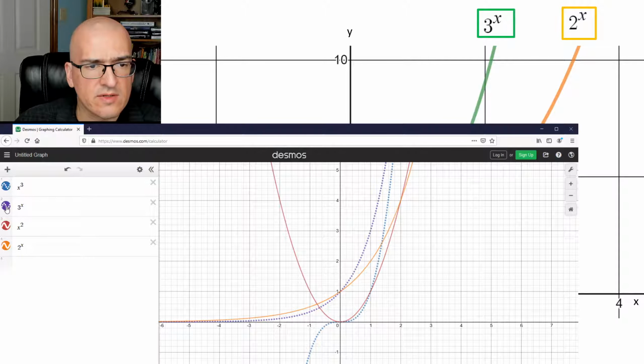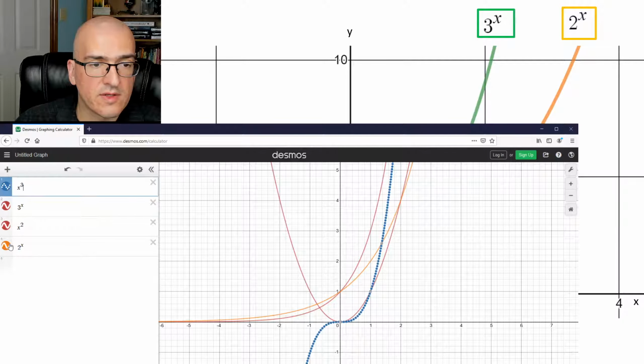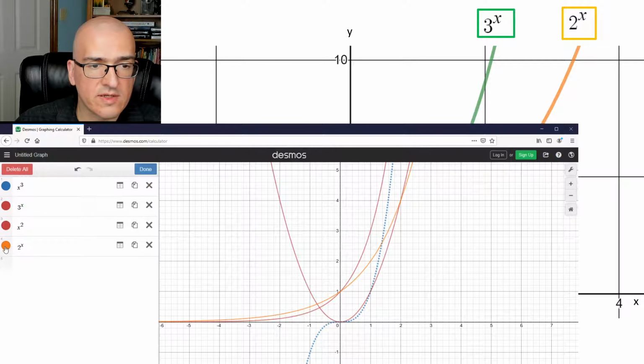I didn't want to do that. I want these ones to be solid. It's not that it matters, it's just I want it to be easy to tell what's what. Okay, so that one is red and full. And then I want this one to be squared, dotted, and purple. Okay, done.